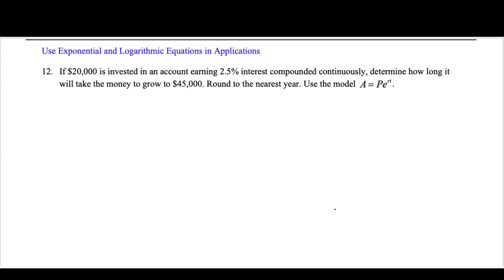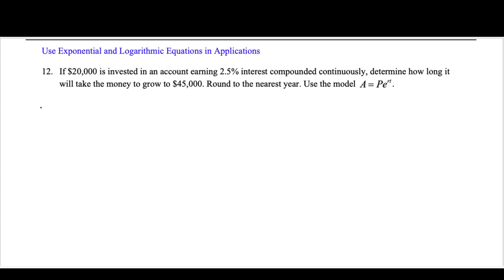So here's our question. If $20,000 is invested in an account earning 2.5% interest, compounded continuously, determine how long it will take the money to grow to $45,000. Round to the nearest year.